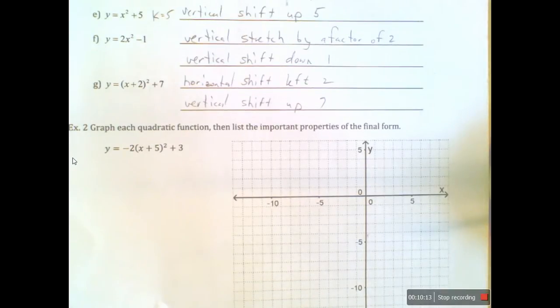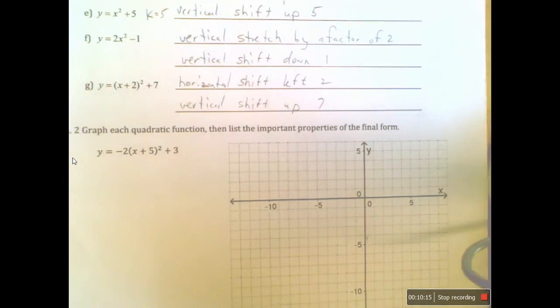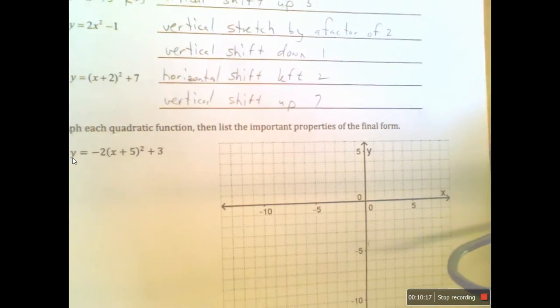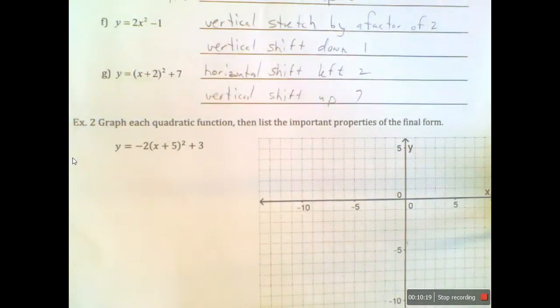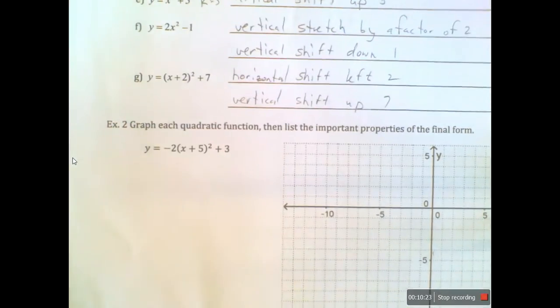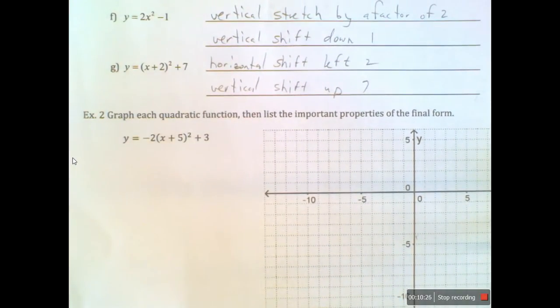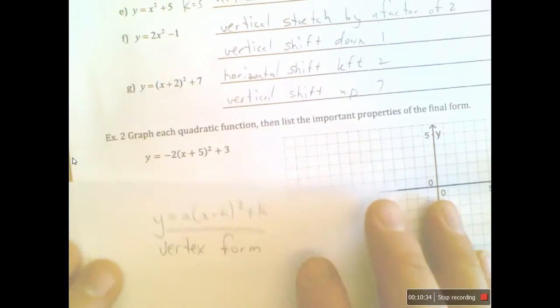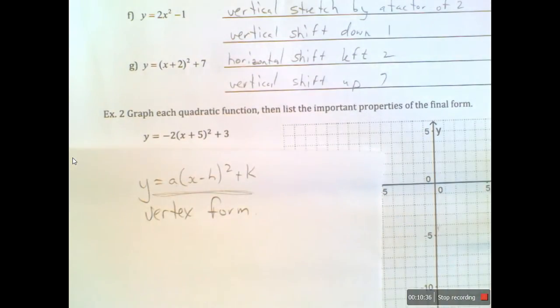Okay, we're going to take a look at example 2. Graph each quadratic function, list the important properties of the final form. So you can go ahead and write that down. Oh, you might need a piece of graph paper to do this.